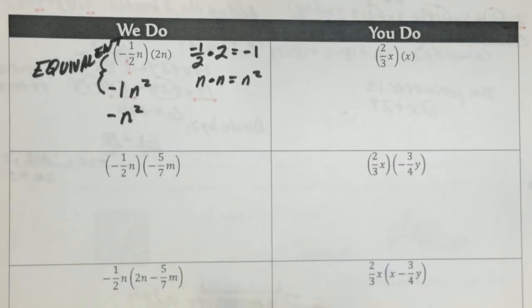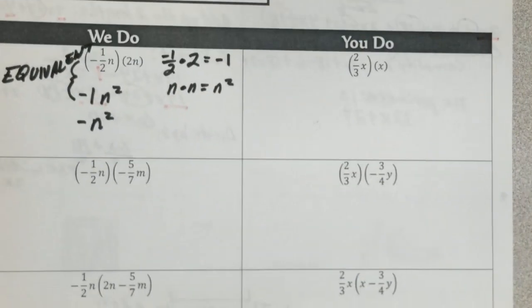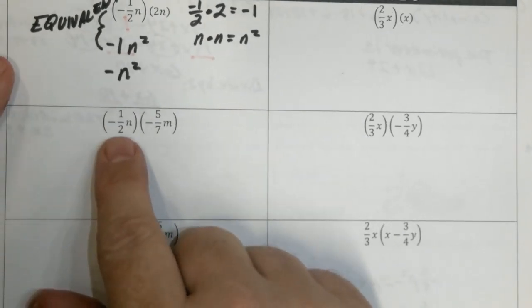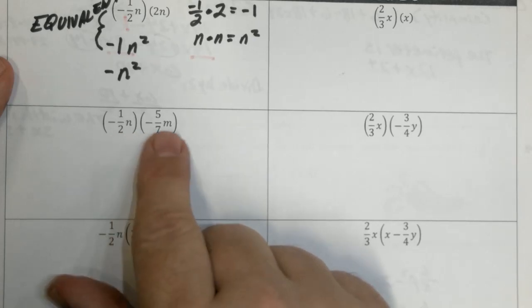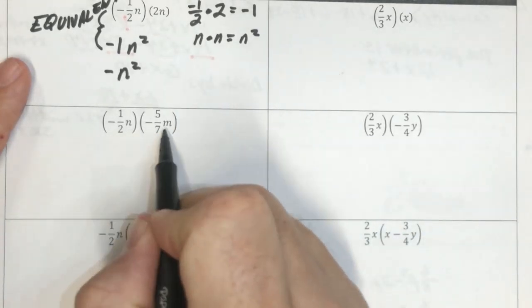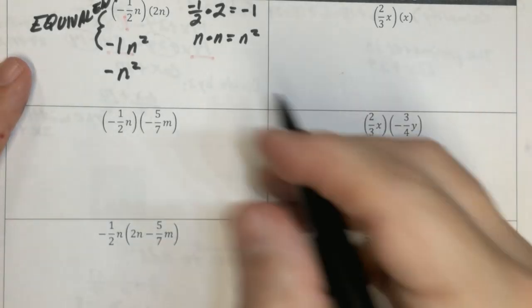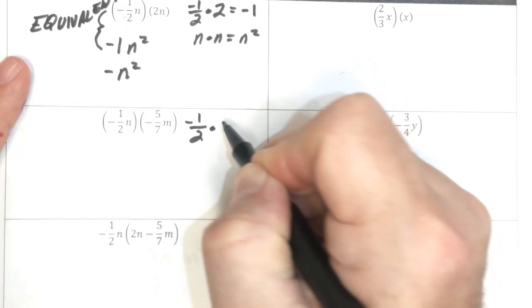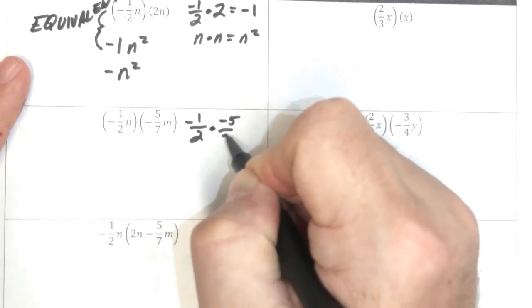Alright, next. So now we have this one. Our next expression, we're multiplying negative 1/2 n times negative 5/7 m. Notice the variables are different here. So again, we're going to start off with negative 1/2 times negative 5/7.